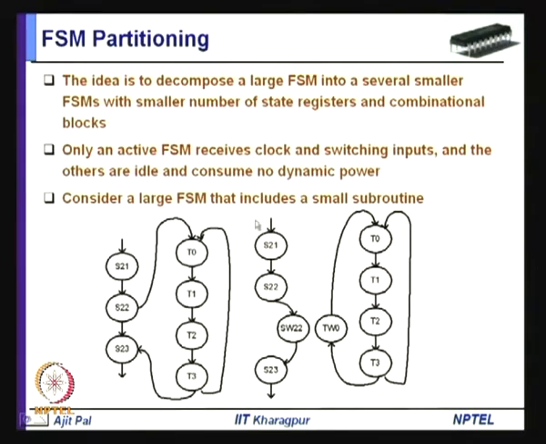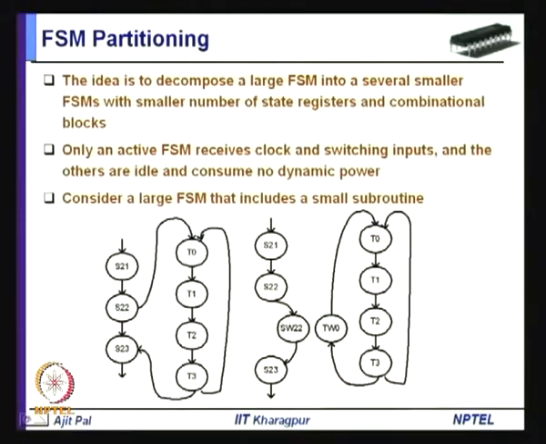The basic idea is that you can identify a large FSM and find out smaller subroutines which have high probability of transitions, and then you can divide them into several FSMs in this way by adding some extra states. These additional states will obviously require some additional hardware, but since one of them will be active at a time, they will save power dissipation. So, with additional area you are able to reduce the switching activity in this FSM partitioning.